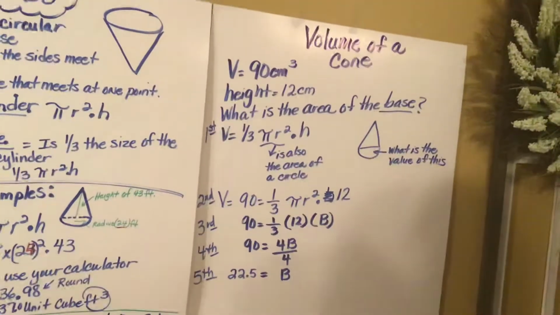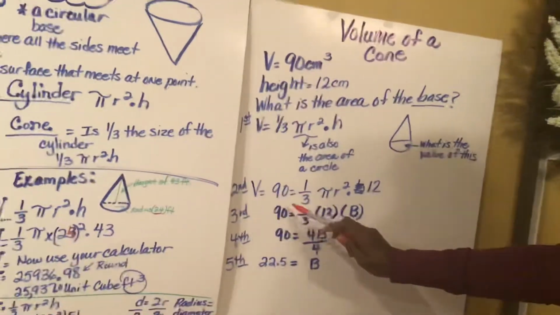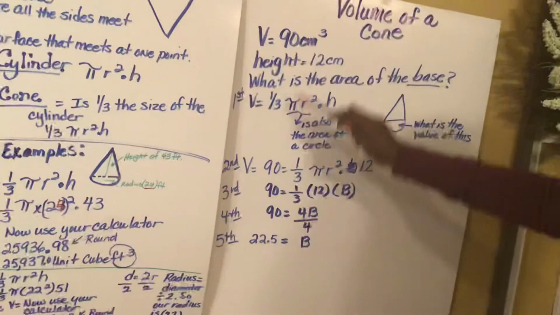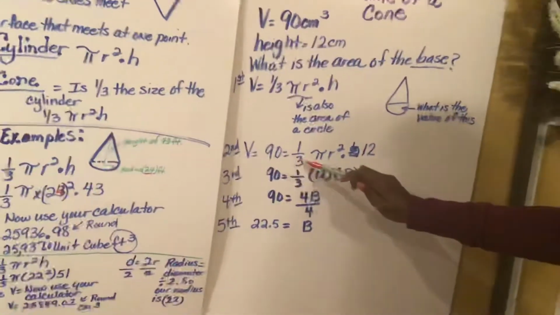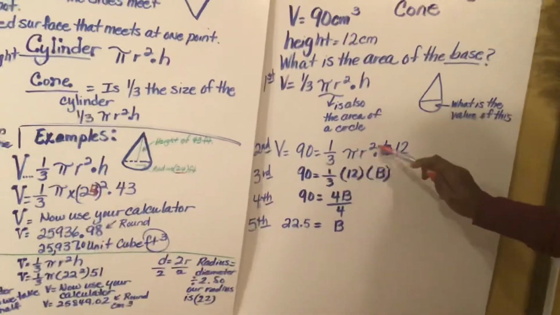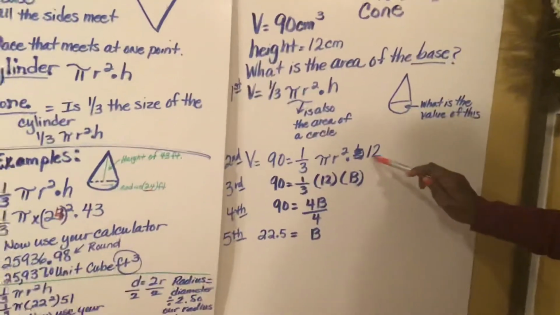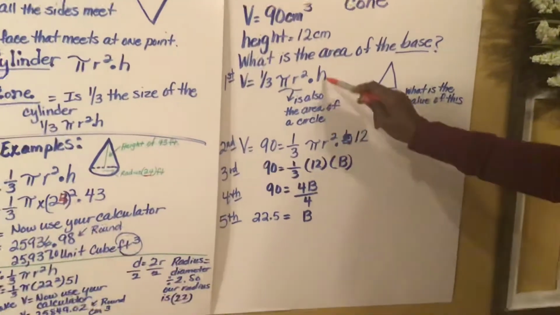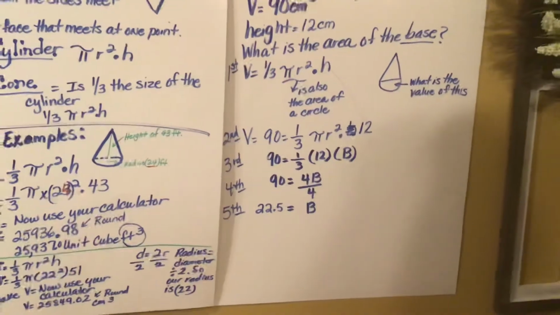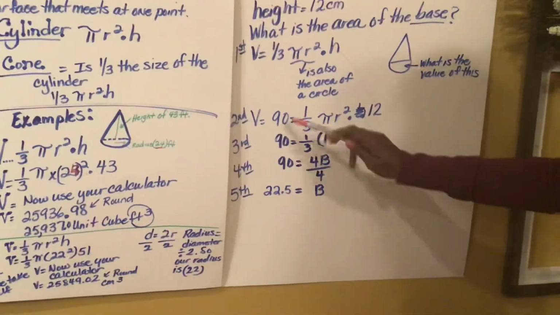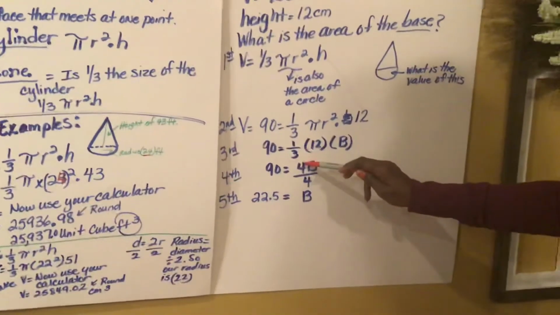Second thing you would do, you would keep your 90 and bring it down here. And we said that it was 1/3 pi r squared times 12. We use 12 because 12 is our height. Now, the third thing we're going to do, we're going to bring down the 90, keep the 1/3.